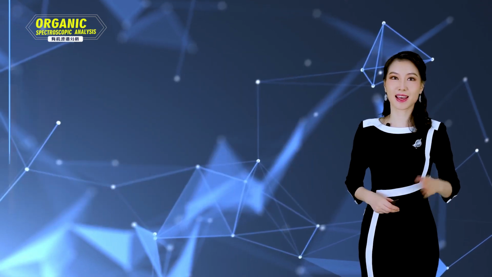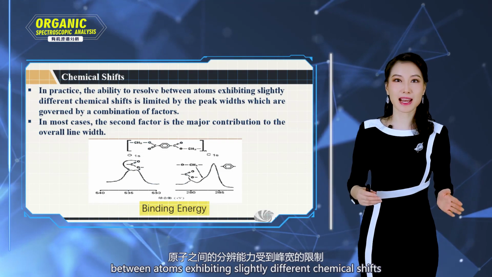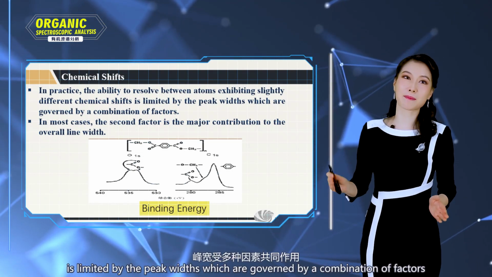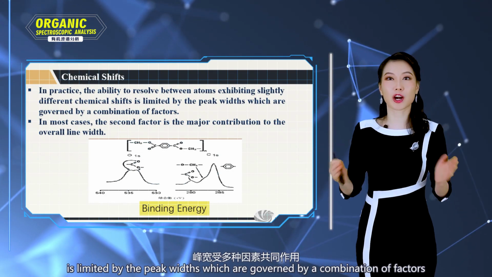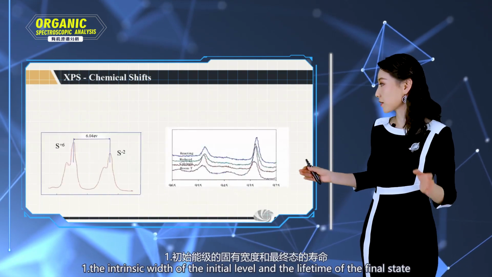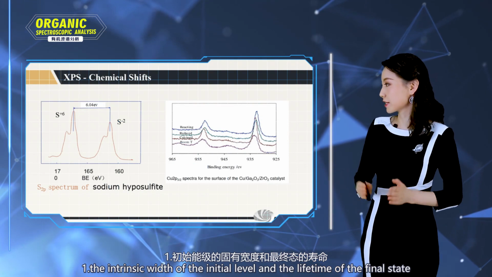In practice, the ability to resolve between atoms exhibiting slightly different chemical shifts is limited by the peak widths, which are governed by a combination of factors, especially the intrinsic width of the initial level and the lifetime of the final state.